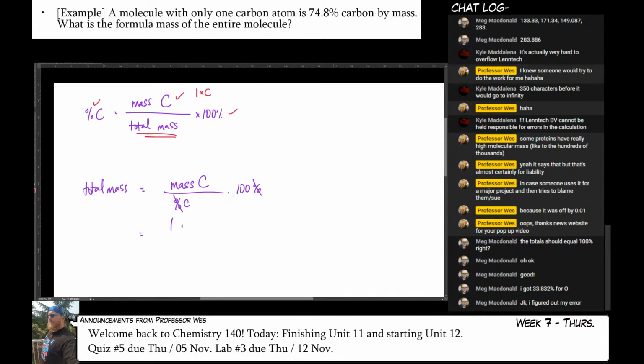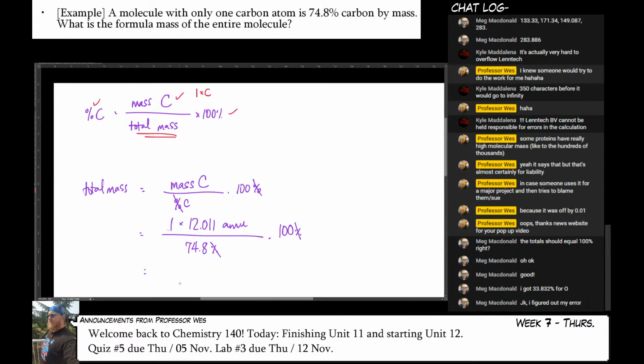I have 1 carbon atom, and the mass of a carbon atom is 12.011 AMU. My percent carbon is 74.8%, and then I times by 100%, and these percentages go away. So the whole thing must weigh 12.011 times 100 divided by 74.8.